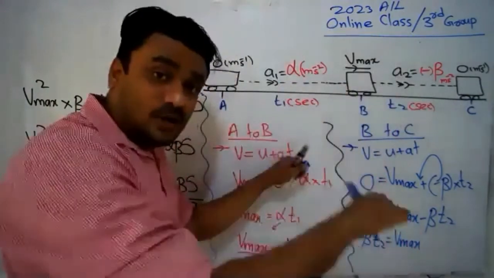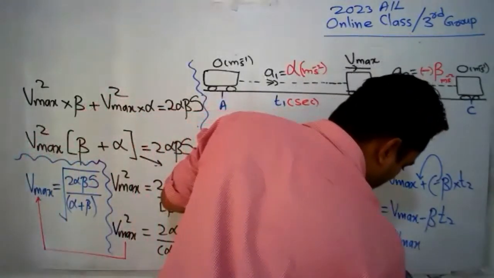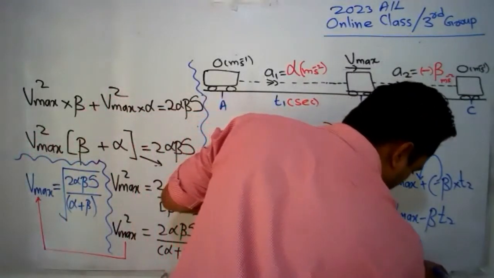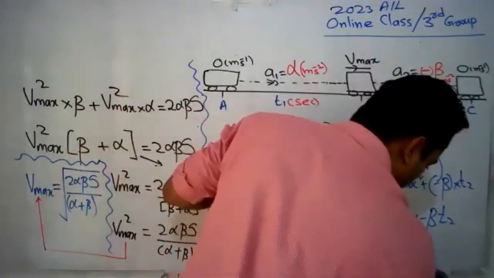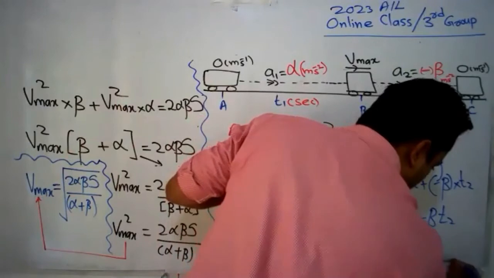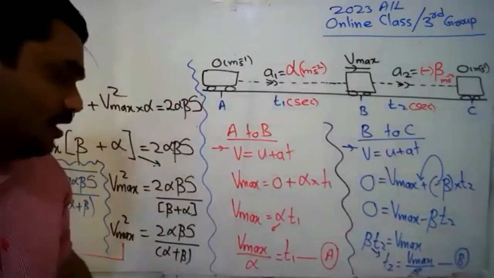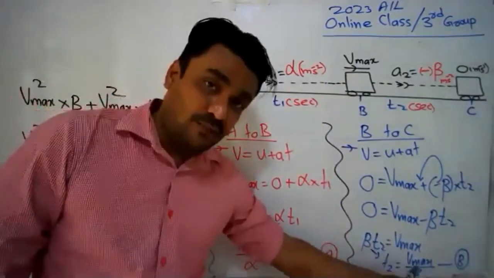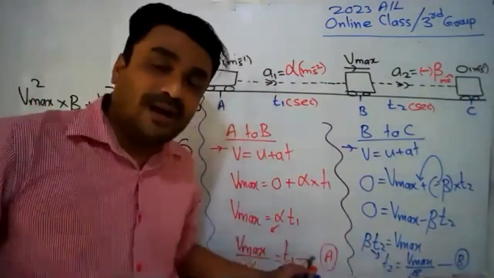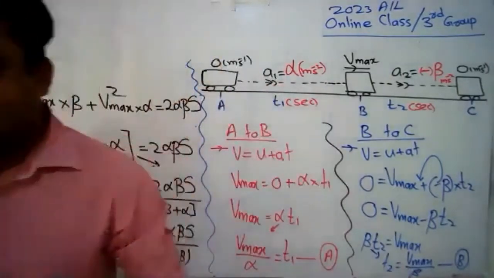If you take beta to the other side by cross multiplication, you can make T2 the subject: V max divided by beta, that is our capital B equation. Now we have an equation for T1 and we have an equation for T2. So T1 plus T2 is the total time taken. That's what I'm going to write. Just complete them all quick.